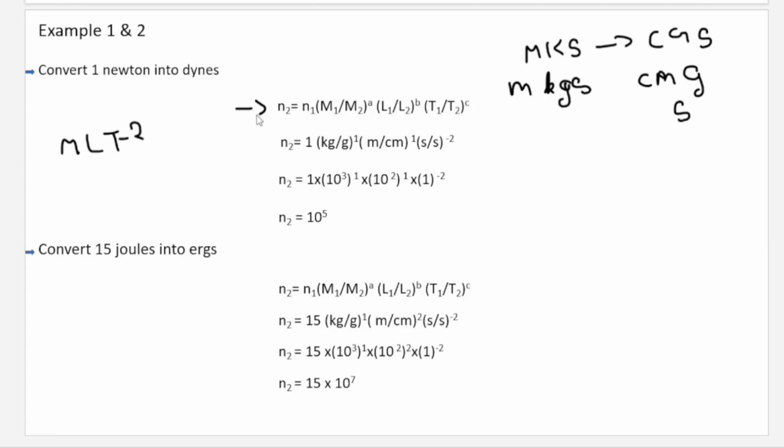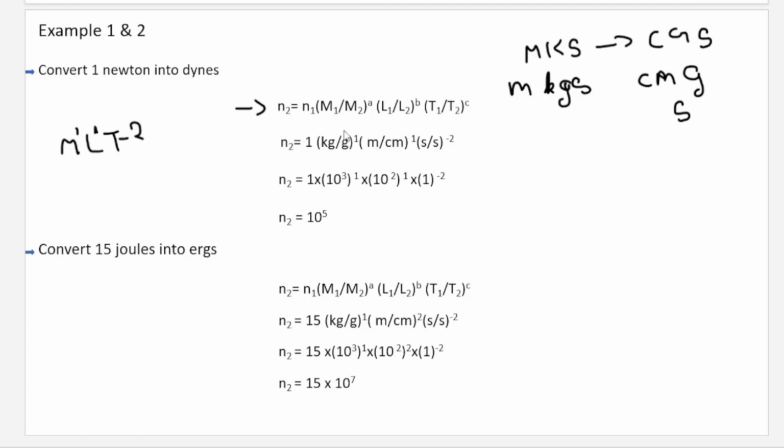Using this formula, N2 is equal to N1, M1 by M2 whole A, L1 by L2 whole B, T1 by T2 whole C. N1 is 1 because 1 Newton, M1 will be converted to kg and M2 to g, so kg by g whole 1 because M is 1, L is 1, T is minus 2.